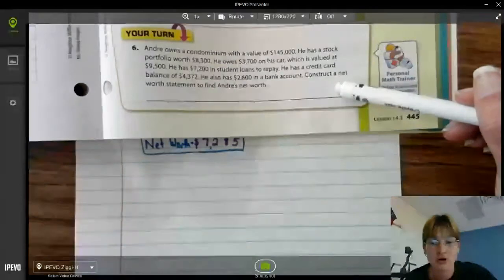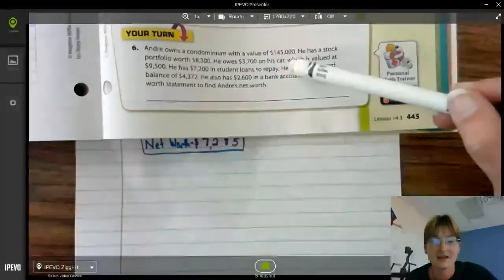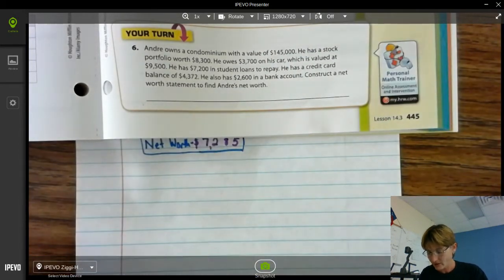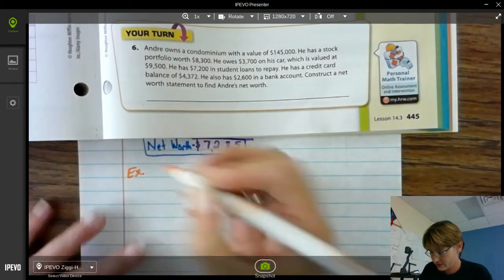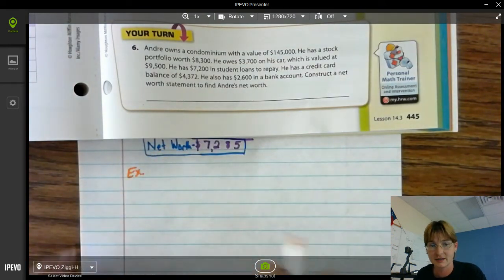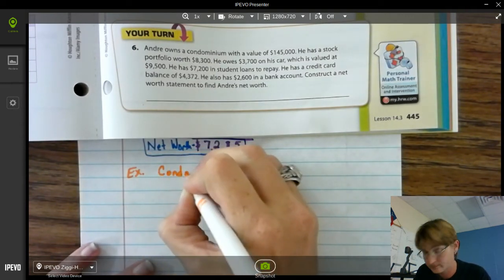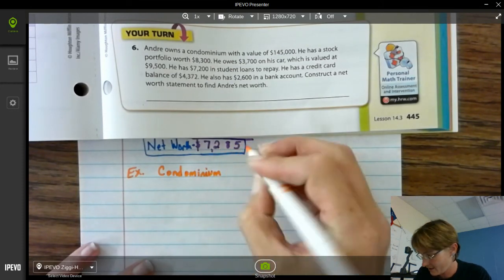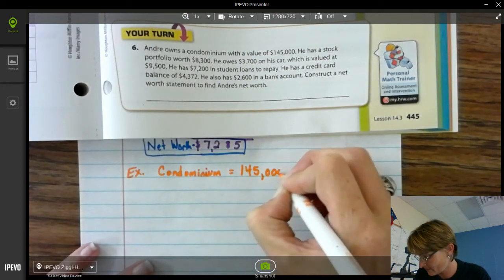I'm going to go ahead and get you started. I want you to list each thing with its cost or its value next to it. This is the example from the book, and this is the end of your notes. We have the condominium, and that is 145,000.